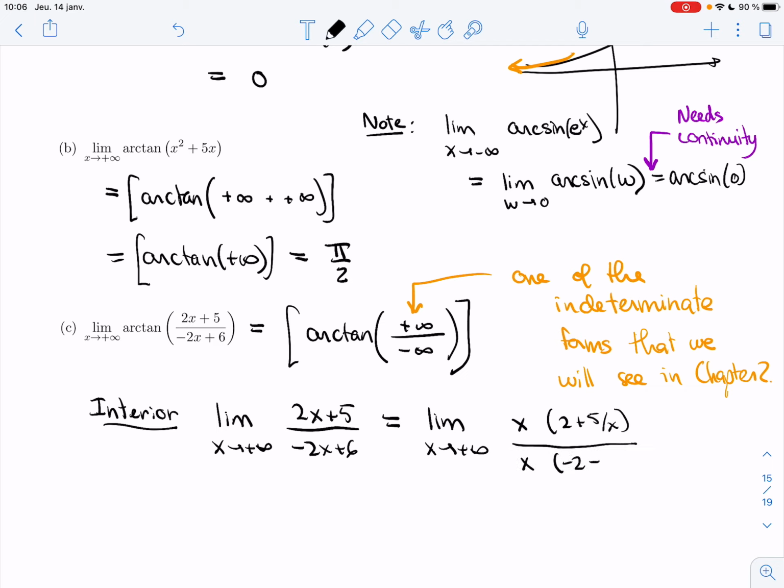My trick is usually that you factor the biggest power of the denominator. So in this case, I'm going to factor x out of the denominator and out of the numerator.